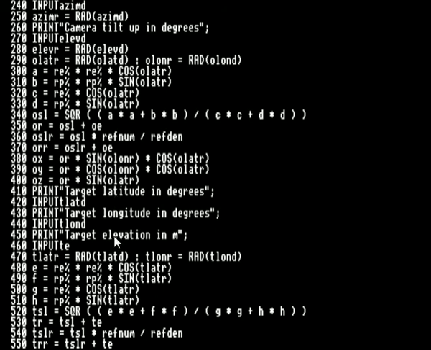Then ask for a target, latitude, longitude, elevation, and we still do the same calculation to work out the target's position, but again, sea level, actual radius, sea level with refraction, actual apparent radius with refraction.